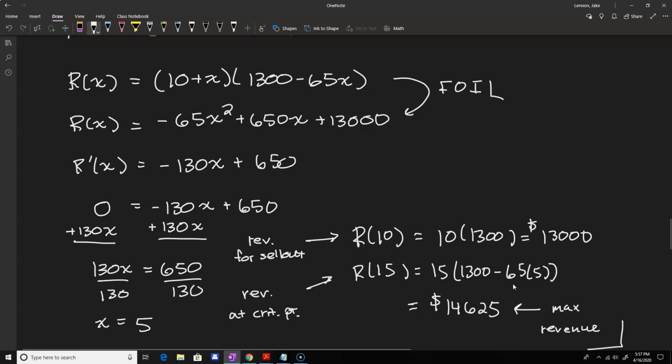So we're losing about 325 seats, but our revenue now is $14,625 compared to a revenue of just $13,000 for a sellout. So it actually makes more sense to raise the prices if you want to have a higher revenue.